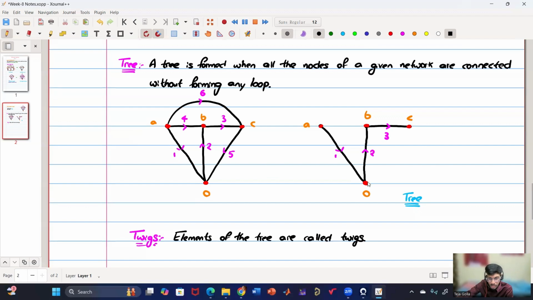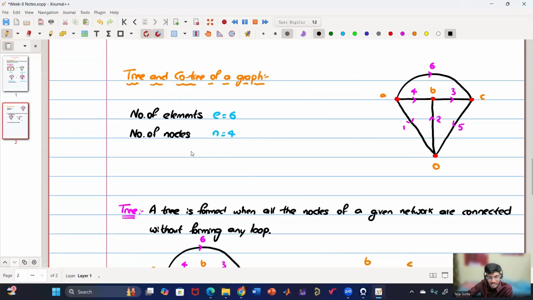Say there are 4 nodes. I'll go from node 1 to 2, 2 to 3, 3 to 4, but not 4 to 1, because then a loop will be formed, and a loop should not be formed because that's how a tree is defined. So the number of twigs is always n minus 1, going from node 1 to node 2, node 2 to node 3, and so on up to node n minus 1 to node n.